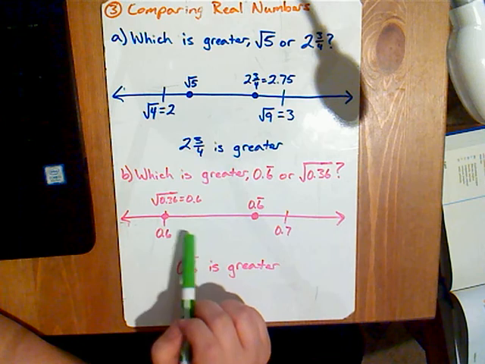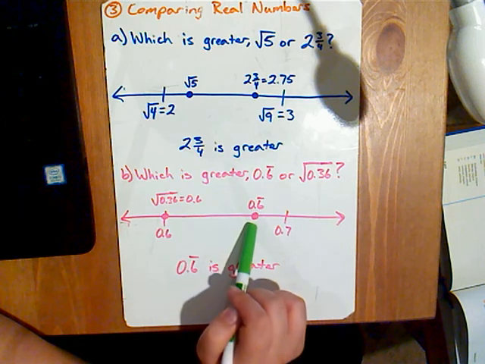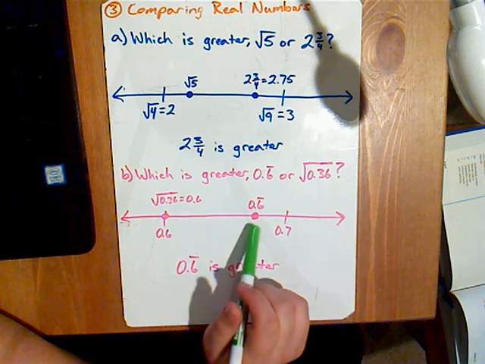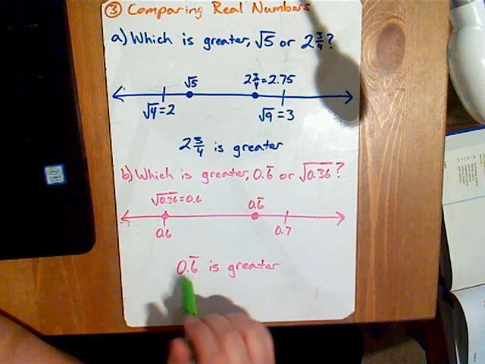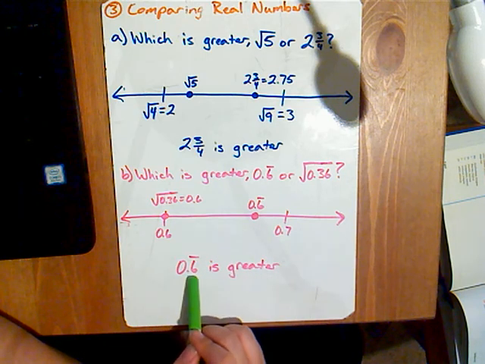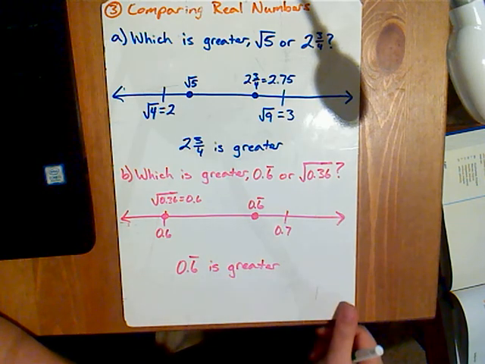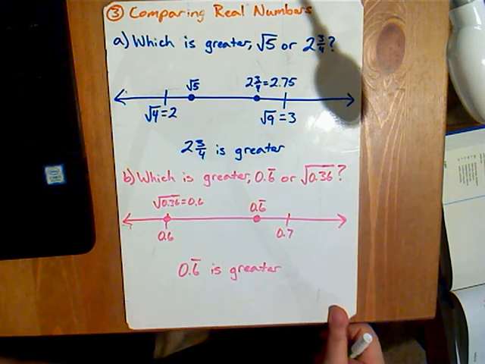So once again, the number that is going to be further on the right of your number line is the greater number. And so for letter B, 0.6 repeating is greater. And that's comparing real numbers.